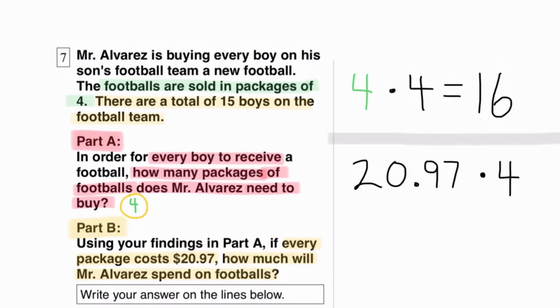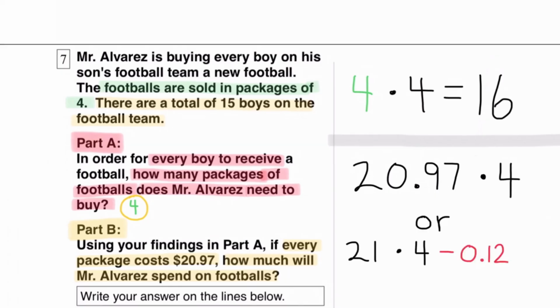Part B. Using your findings in Part A, if every package costs $20.97, how much will Mr. Alvarez spend on footballs? If he buys 4 packages of footballs at $20.97 each, that would be $20.97 times 4. $20.97 is almost $21. In fact, it's 3 cents away from $21.